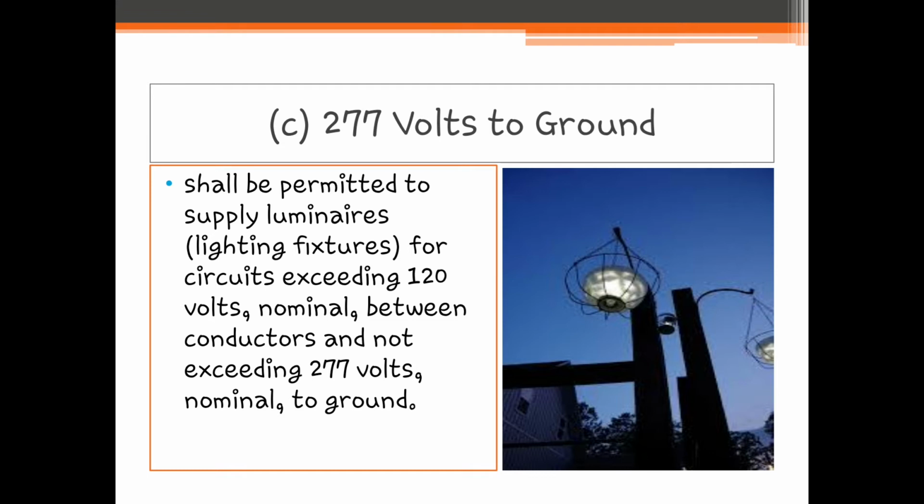So ang mga circuits nga mag-exceed og 120 volts nominal pero wala niabot og 277 volts nominal, permitted na sila to supply luminaires, lighting fixtures for illumination of outdoor areas of industrial establishments, office buildings, schools, stores, and other commercial or public buildings.